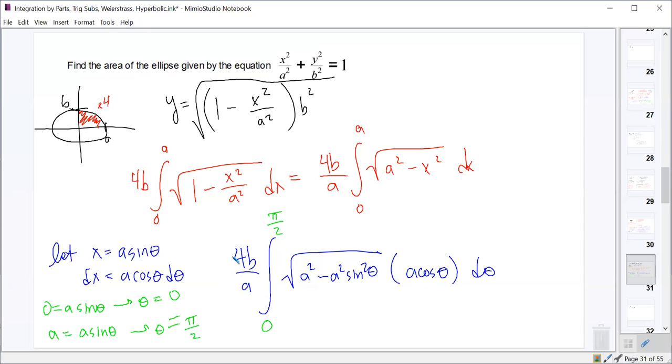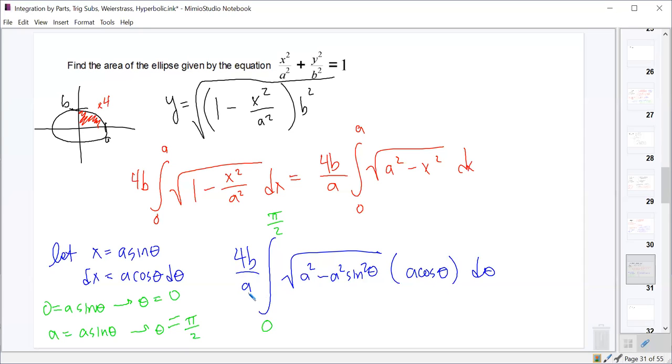So we're really pulling an a times an a out of here, which will cancel with this a, and we'll end up with what constant out in front? What should our constant be out in front? Yep, 4ab.